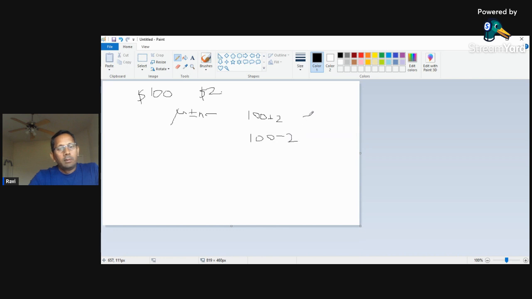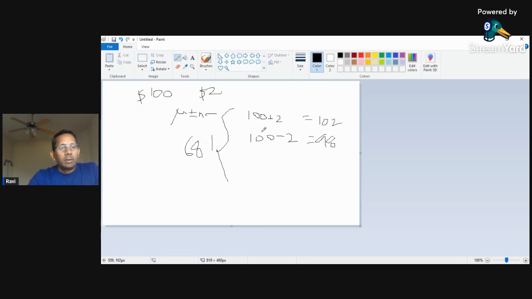That gives $102 and $98. According to the earlier picture, this price between 98 and 102 covers 68% of the states.